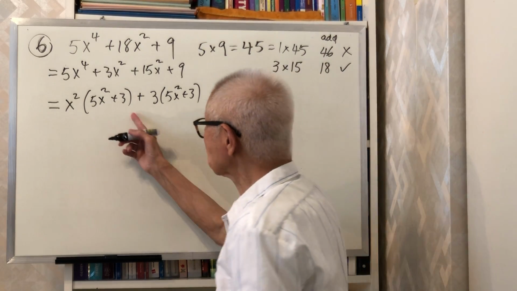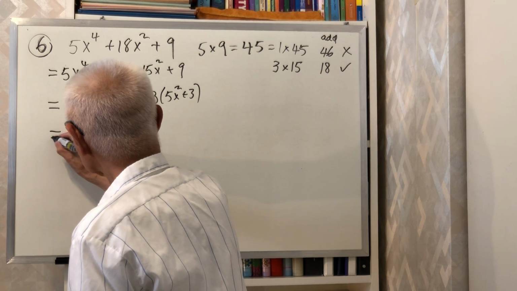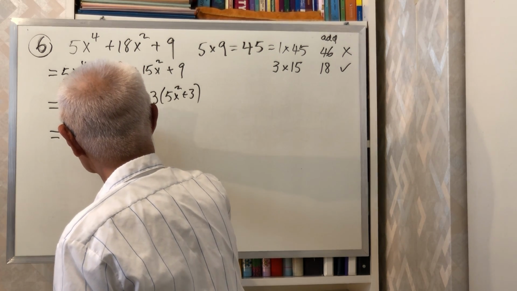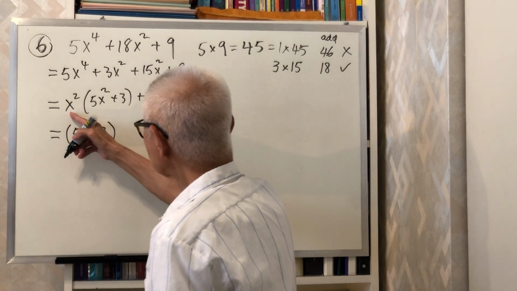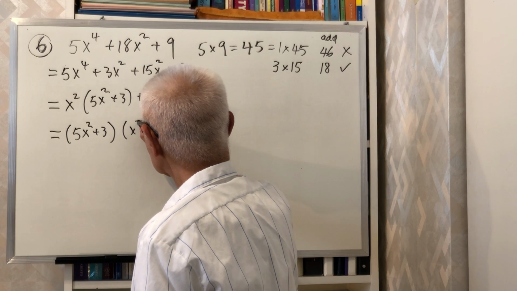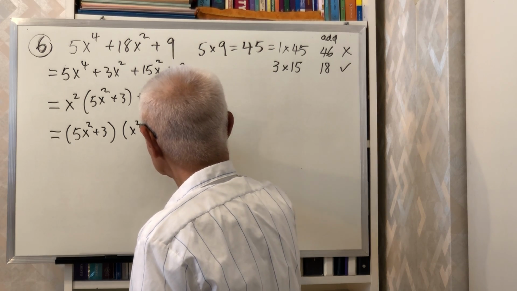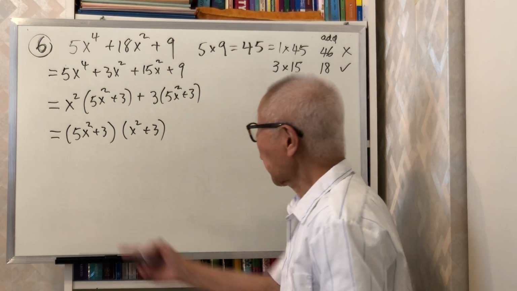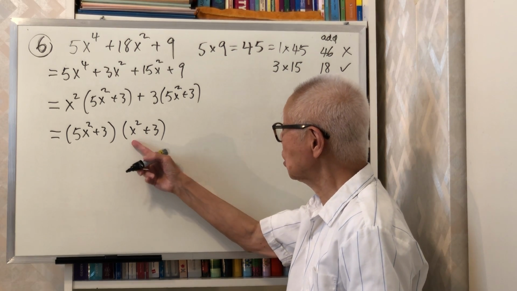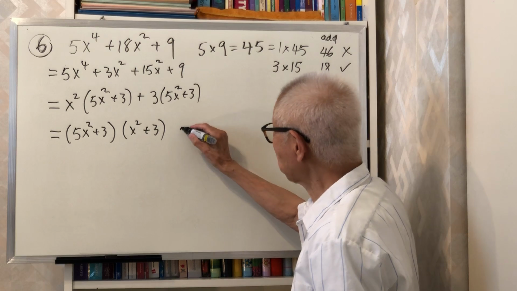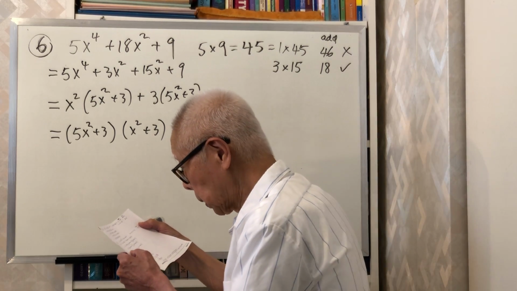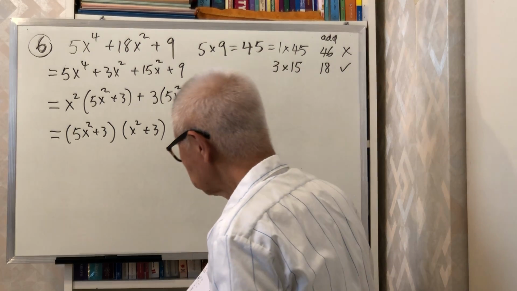I factor out the brackets. What is left is x squared plus 3. I cannot continue factoring, no. So this is my final answer. Next.